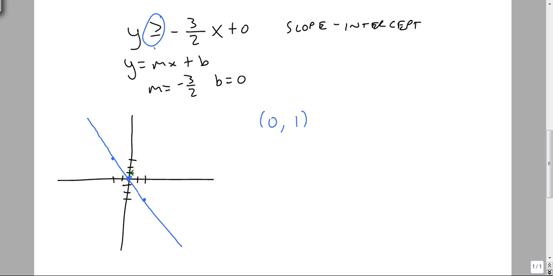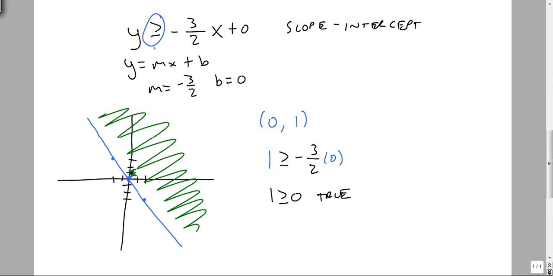So I plug 1 in, and I want to know, is 1 greater than or equal to minus 3/2 times 0? When we plug this in, 1 is greater than or equal to 0, which is true. So I shade that same side that has it, which is everything up here. And again, we now have our graph of our linear inequality.